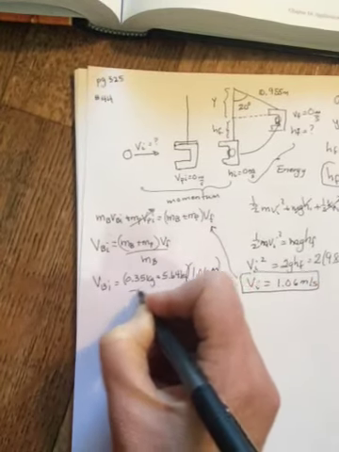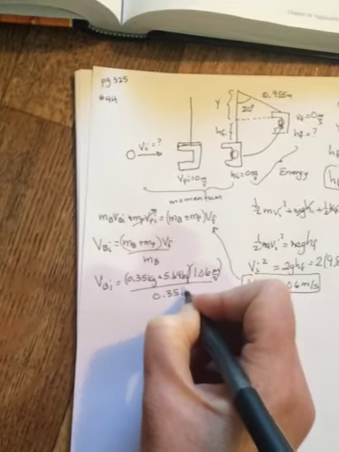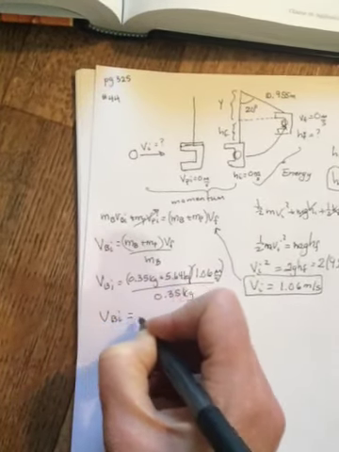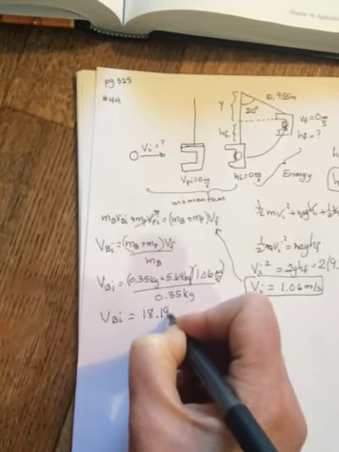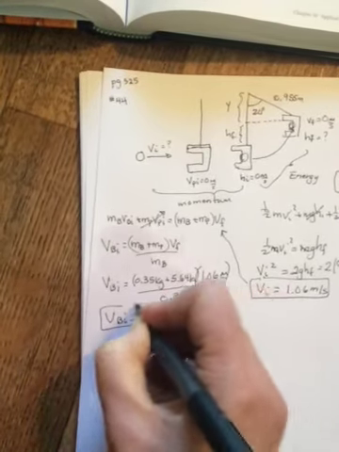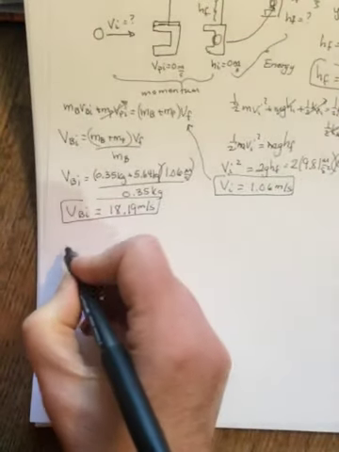I kept them in my calculator, I just didn't write them down here. And when you do this, you get a v of the ball initial to be 18.19 meters per second. Okay, so that's what your star baseball player can throw. Number 44.